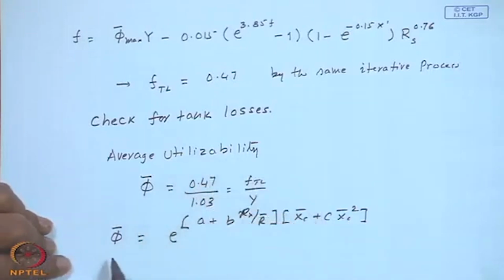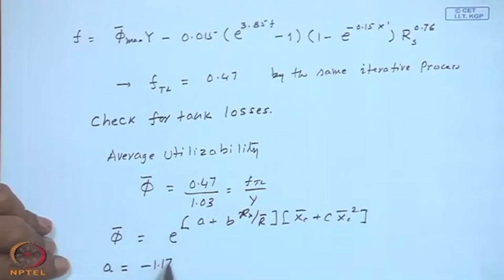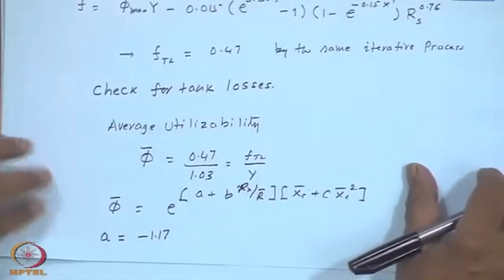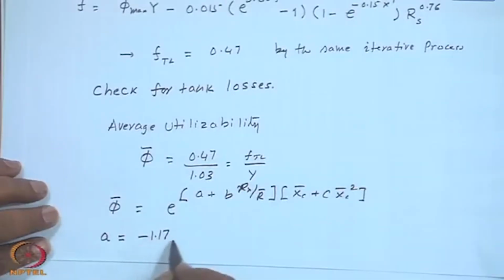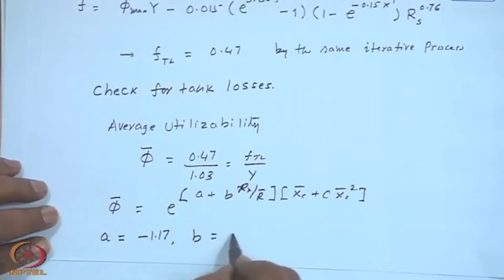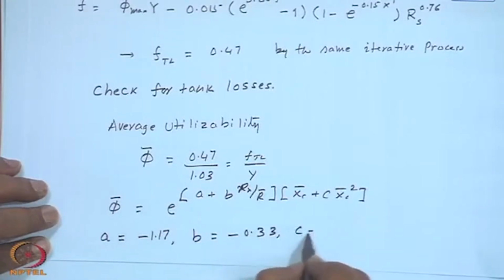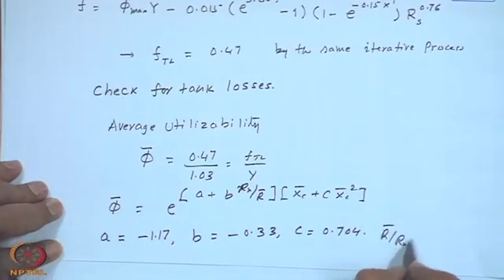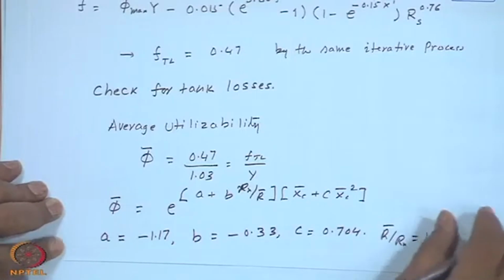The constants we have already calculated: a is minus 1.17, b is minus 0.33, c is 0.704, and R n by R bar, or R bar by R n, is 1.2.